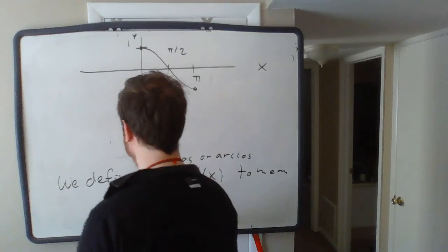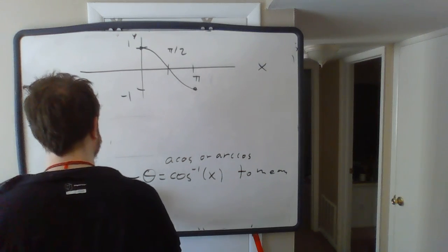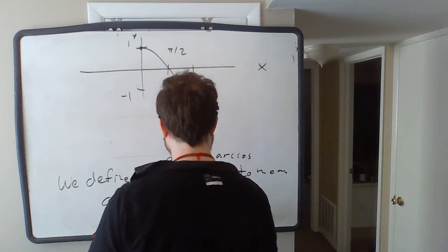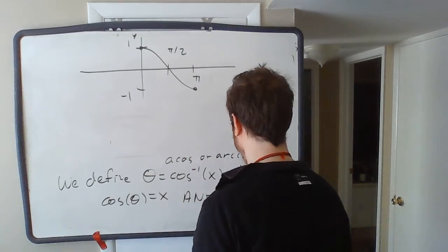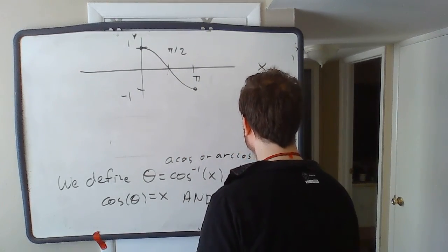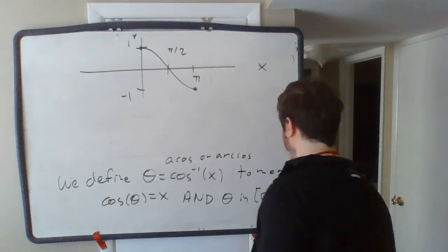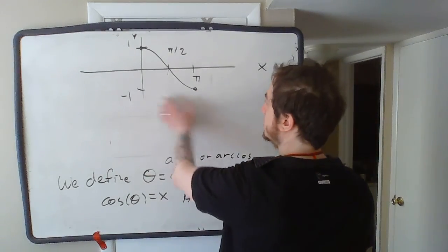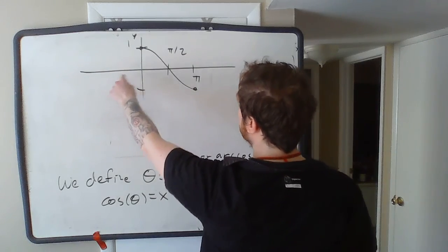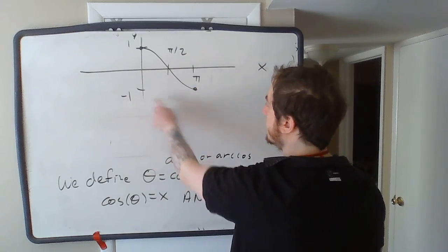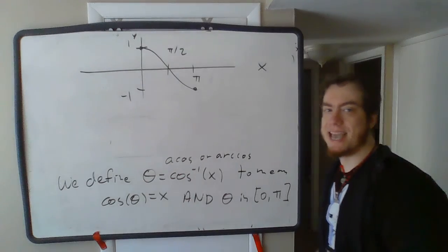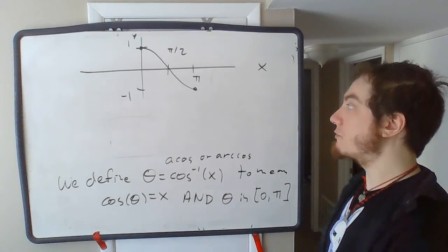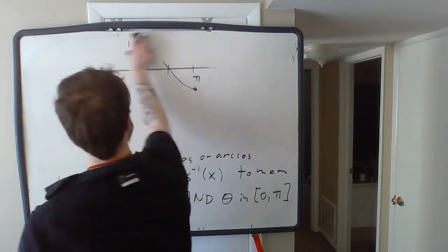This means that cosine of theta is equal to x, and theta is in the interval from 0 up to pi. So instead of going from minus pi over 2 to positive pi over 2, we go from 0 up to pi. Again, there's other choices you could make, but this is the one that everybody uses by convention.